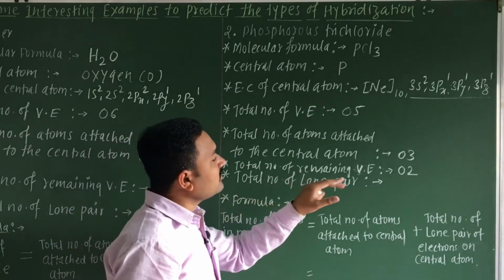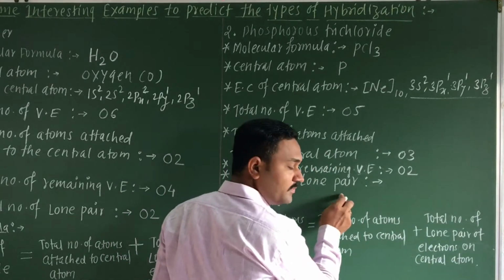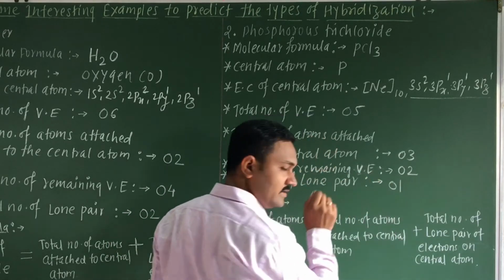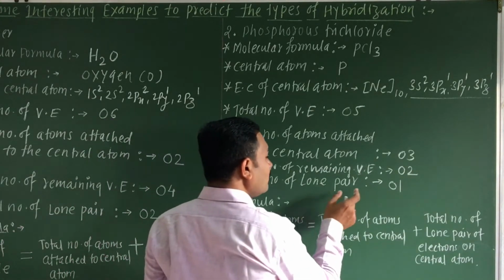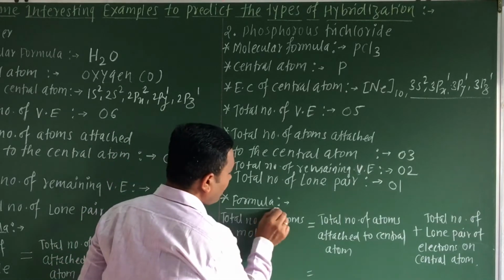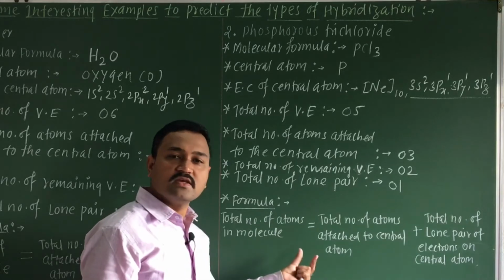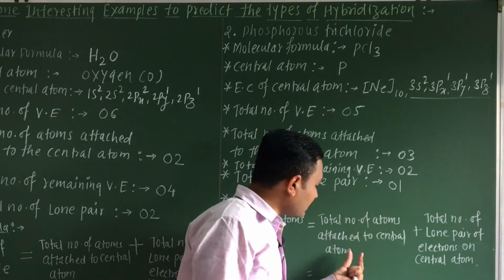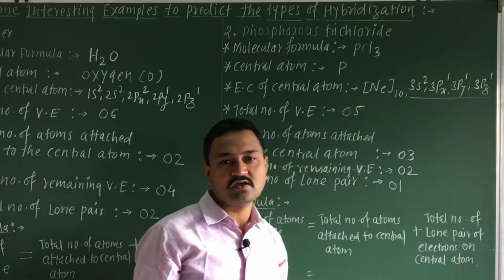As we know, if there are 2 remaining electrons, the number of lone pairs will be equal to 1, as a lone pair contains 2 electrons. Then again we have the simple formula: the total number of atoms in molecule is equal to the total number of atoms attached to the central atom plus the total number of lone pairs of electrons on the central atom.